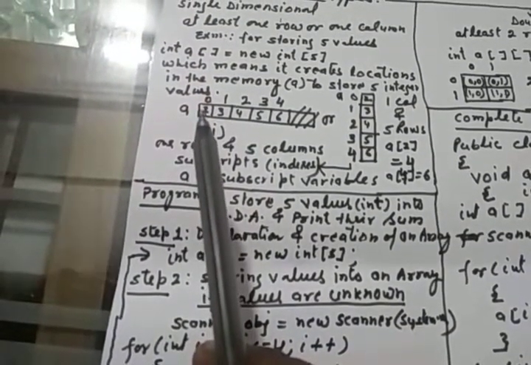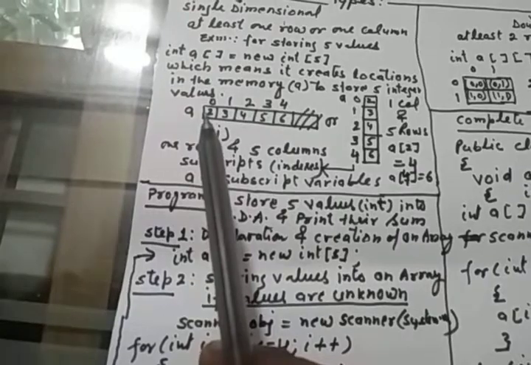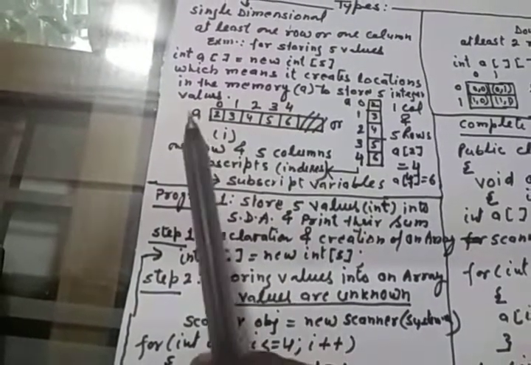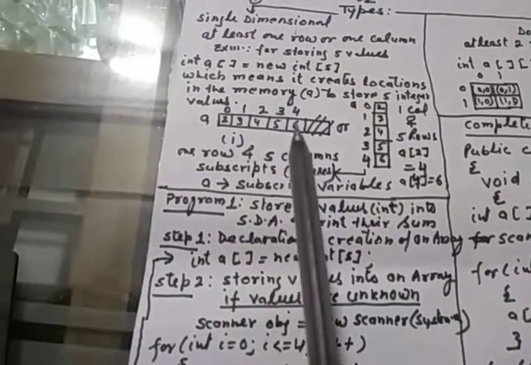When you write the statement in such a way, after execution of this statement, such memory locations are allocated to A. Here I have filled numbers 2, 3, 4, 5, 6, but blank 5 memory locations are allocated to an array A. Is it clear?